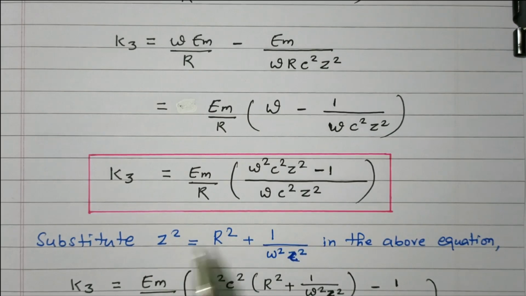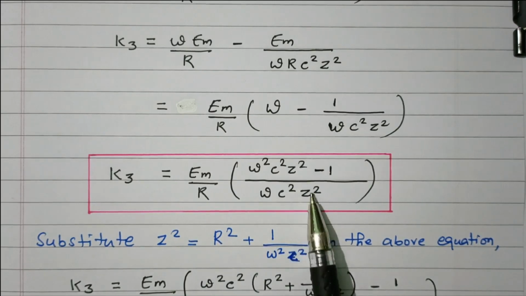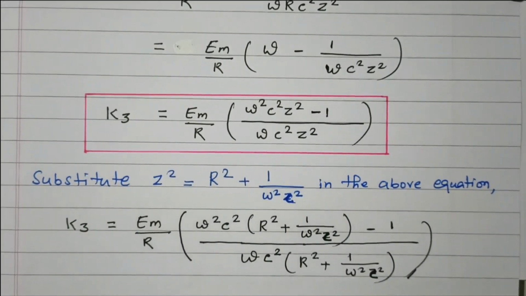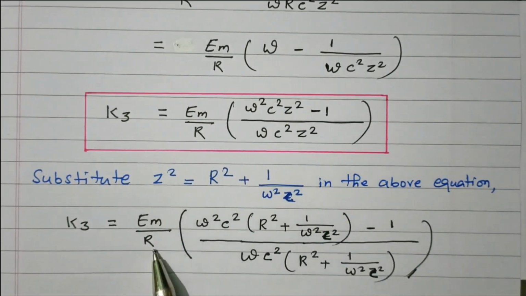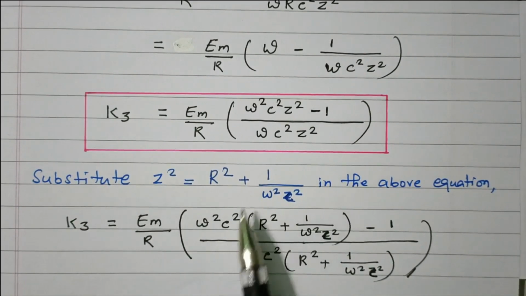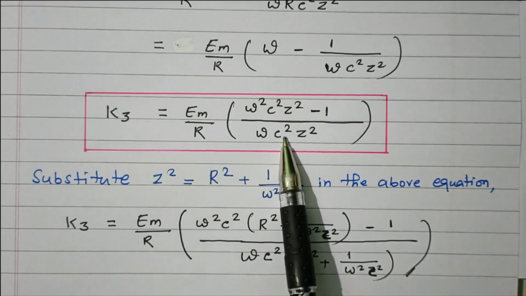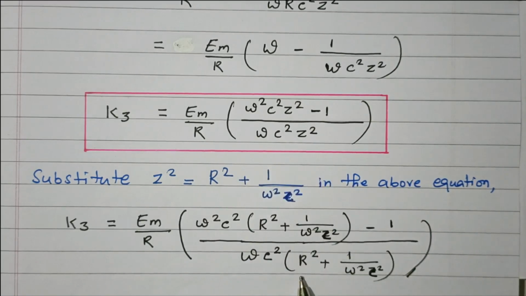We are going to substitute the value of impedance in the above equation for further simplification. Em by R omega square C square, the Z square is substituted as R square plus 1 divided by omega square C square, divided by omega C square into Z square again, minus 1, with the same R square plus 1 divided by omega square C square.